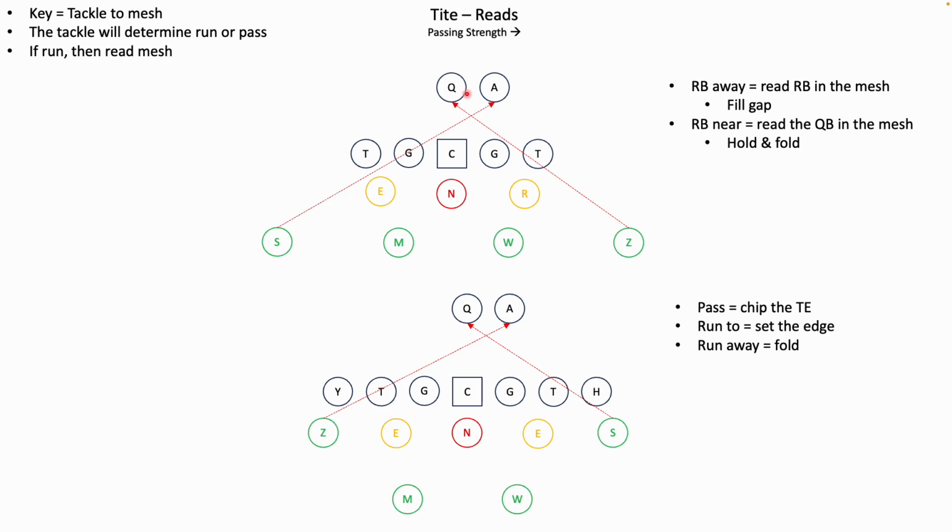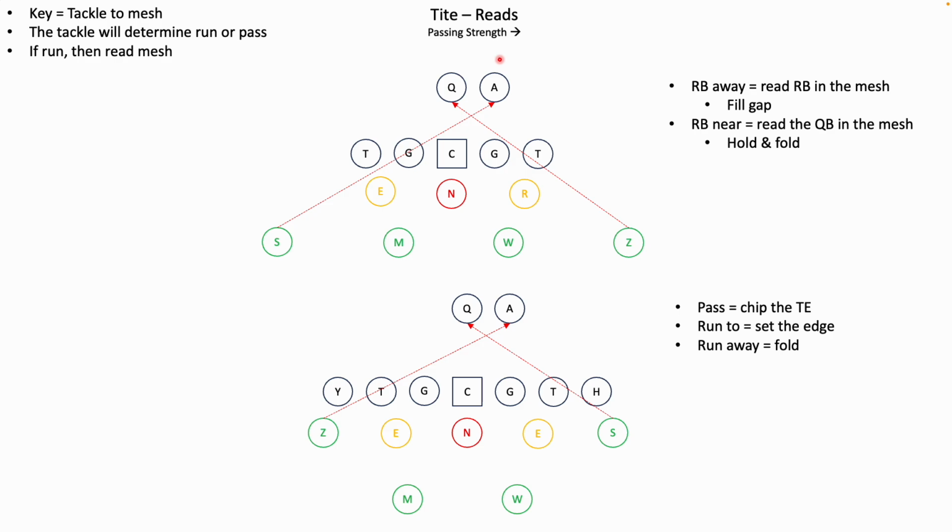The reason this is important is because sometimes the quarterback will hand it off and the running back will take it. Sometimes the quarterback will pull it, meaning fake the handoff to the running back and run. And sometimes the quarterback will fake the handoff and then throw like an RPO to a slant. So we want to be aware of that, and that's why we read the mesh.